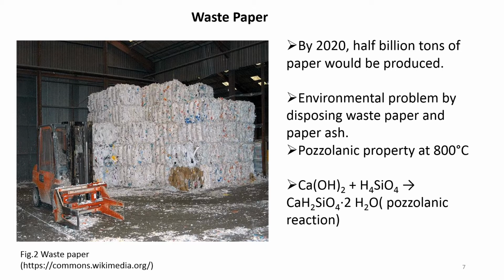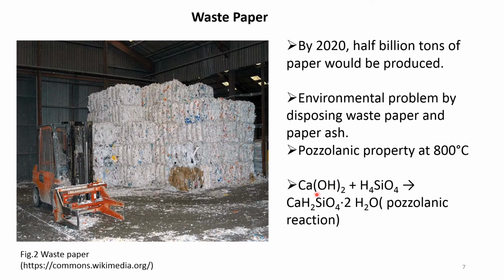And some research shows that when papers are burned or incinerated at 800 degrees Celsius, they are converted to pozzolan. And pozzolans are materials that, when they are used together with cement, can produce a pozzolanic reaction.